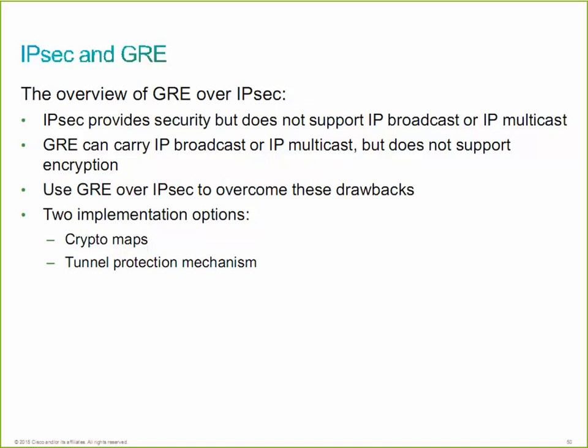You would have to use the crypto map option. All right. Usually that's not the case, though. Usually you're just simply using the same device to provide this encapsulation process. So we're going to use the tunnel protection mode to do that.